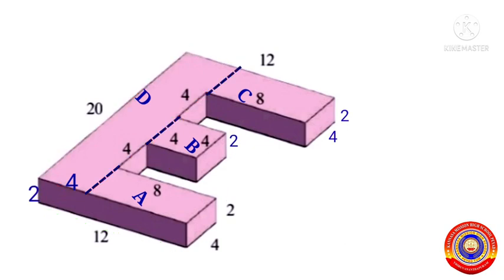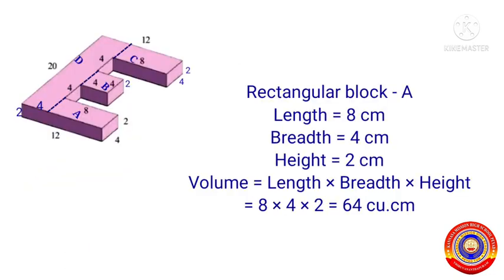For finding the volume of this figure, we have to find the total volume of all these 4 rectangular blocks. Let's find out. In block A, length is 8 centimeters, breadth is 4 centimeters and height is 2 centimeters. Therefore, volume is length into breadth into height, that is 8 into 4 into 2, equal to 64 cubic centimeters.